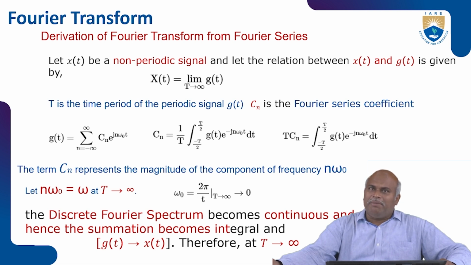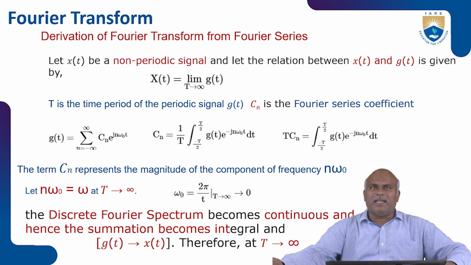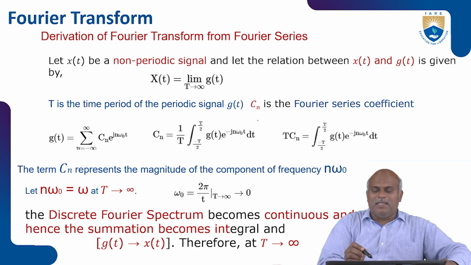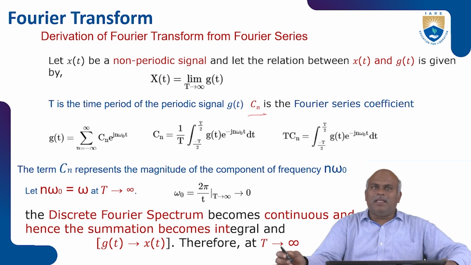Now the capital T is the fundamental period, and g of t produces a coefficient, called the Fourier series coefficient, which we represent by C of n.